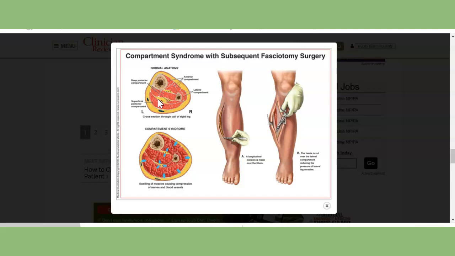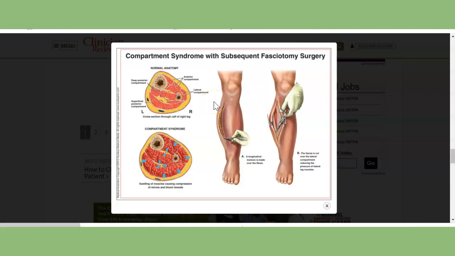But when you have compartment syndrome, the muscle starts swelling so much, it starts compressing all the nerves and the blood vessels. And that's an emergency. They have to go in and do a fasciotomy to release the pressure of the muscles that are there. So make sure that you understand compartment syndrome and exactly what that is.